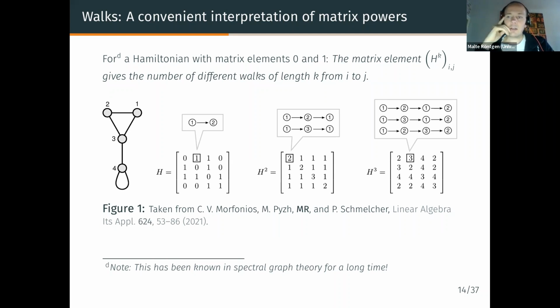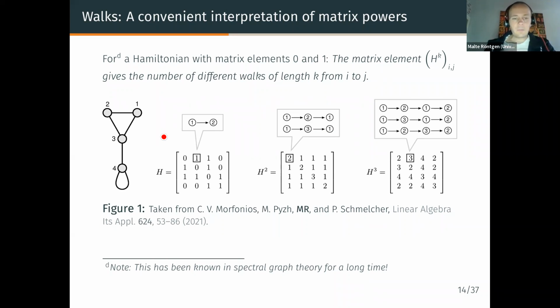You can generalize the statement to cases where your matrix has elements not 0 and 1, but some arbitrary floating point numbers. You can also generalize this statement for the case that your matrix is non-Hermitian, and that can be arbitrarily complicated.